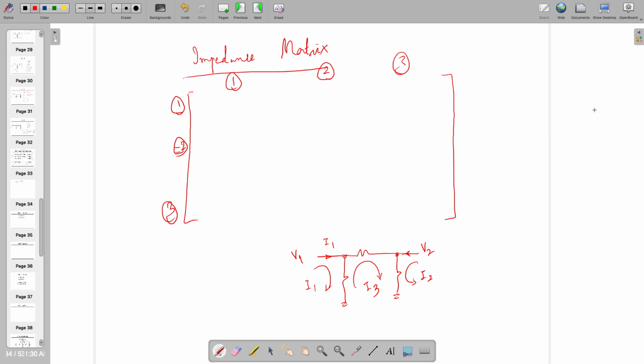By the way, Anvesh is absent, but this was his question most of the time, that I am not including V1. All the independent sources will not go here.